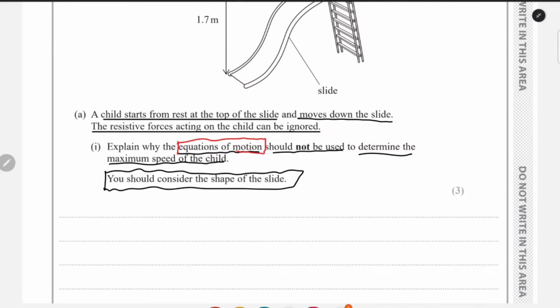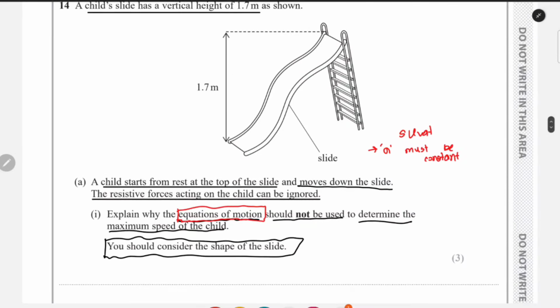For using the equations of motion, we need a constant acceleration. So for using the suvat equations, the criterion is that acceleration must be constant. In the case of the slide, the acceleration will depend on the steepness or gradient of the slide.